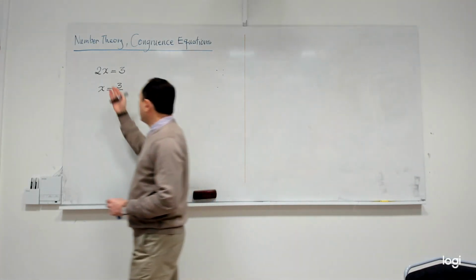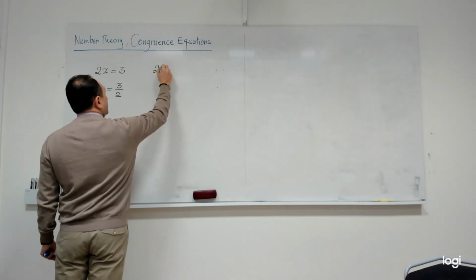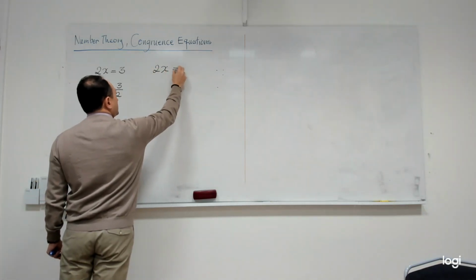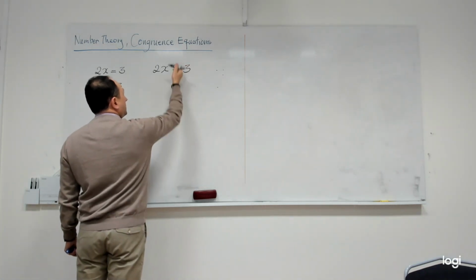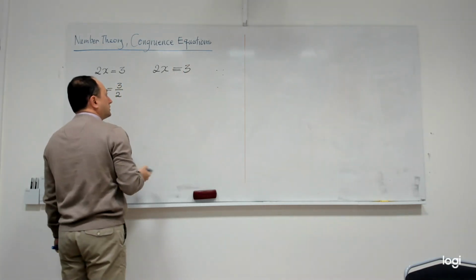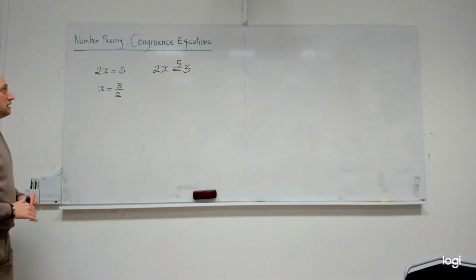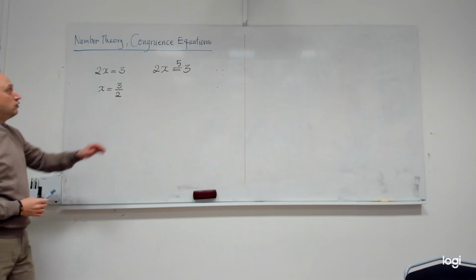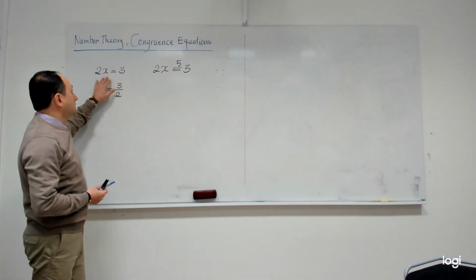Yes. So similar to this, we can have an equation of this form. Instead of having an equality sign, I can have congruency, and then I can choose a modulus, for example, 5. So this means that I am looking for all integer values. This is important. This is the difference from the normal equation.